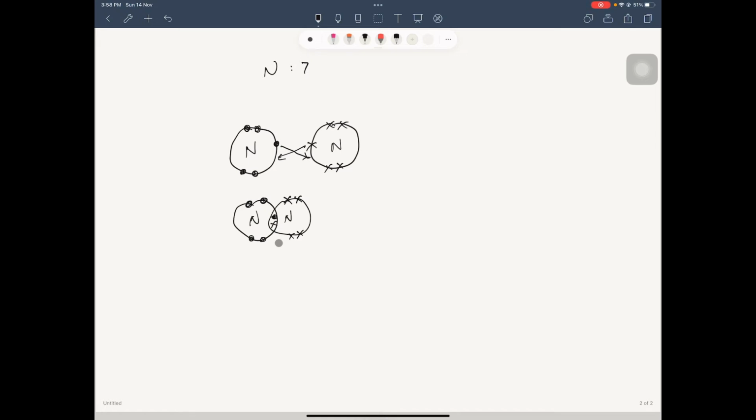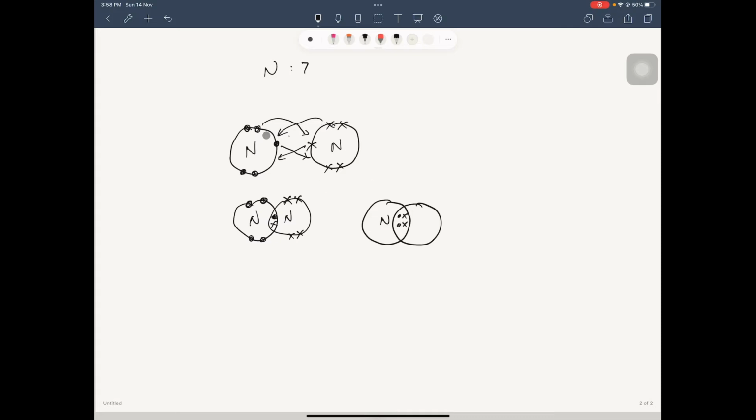So let's try another example. Instead of sharing 1, now it shall share 2. So going here, it shares this, and same for this. So now I will have 2 pairs of sharing: 1, 2, 3, 4. Two pairs of electrons being shared.